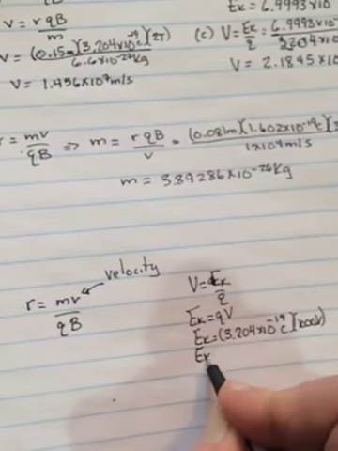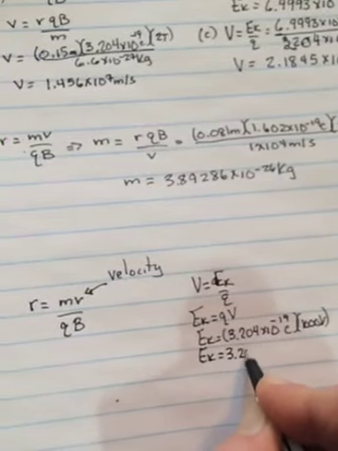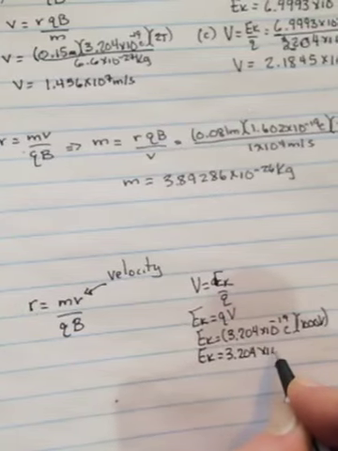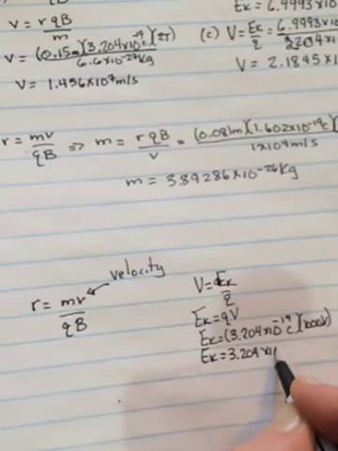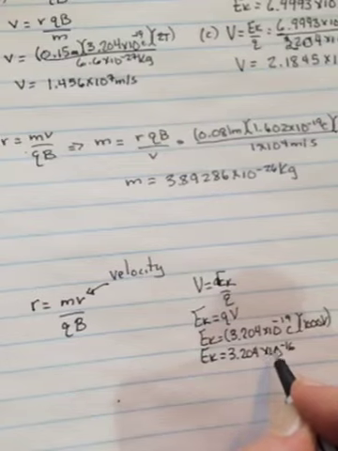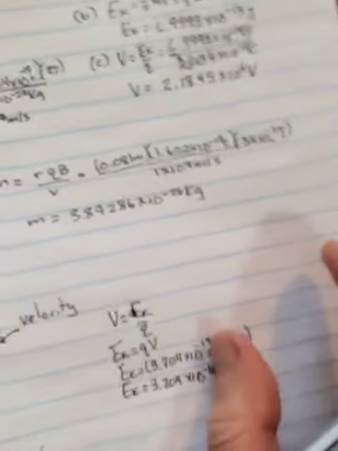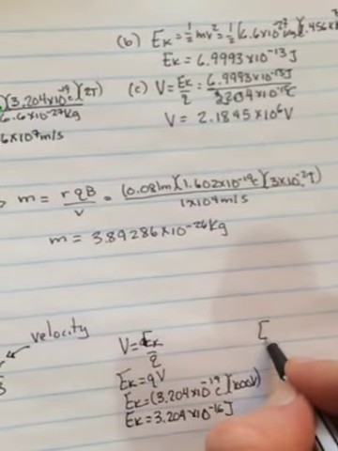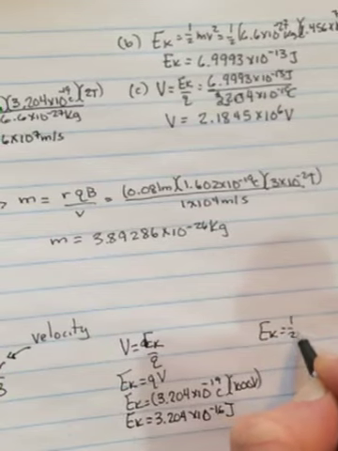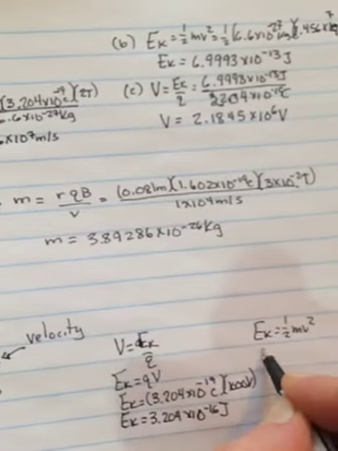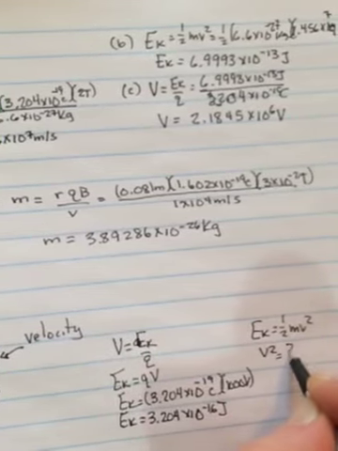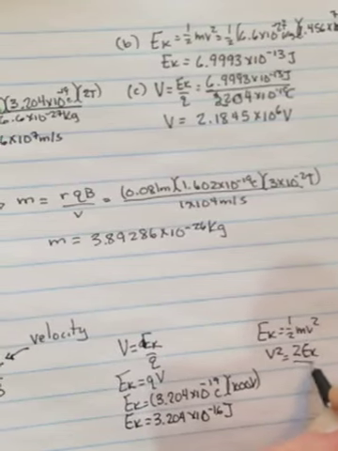When you do that, you get an EK of 3.204 times 10 to the negative 16 joules. Then we know EK is equal to 1/2 mv squared.